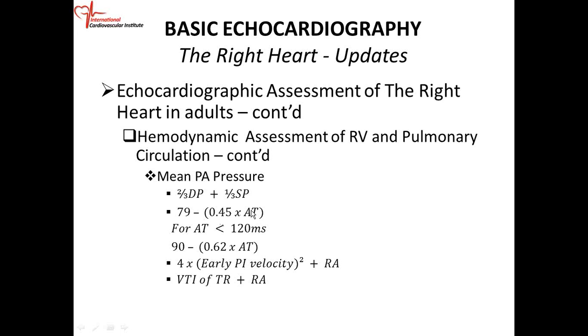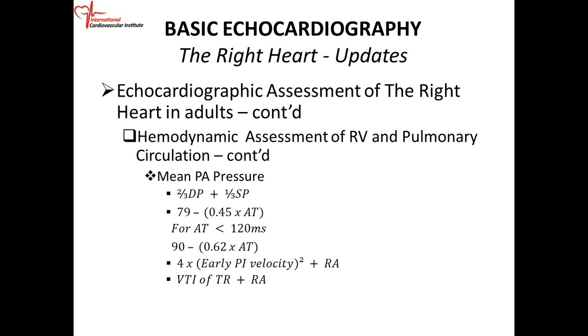The acceleration time is basically the time the blood takes to move from rest to peak velocity. So when you do your Doppler envelope, it is from the initial envelope to the peak.